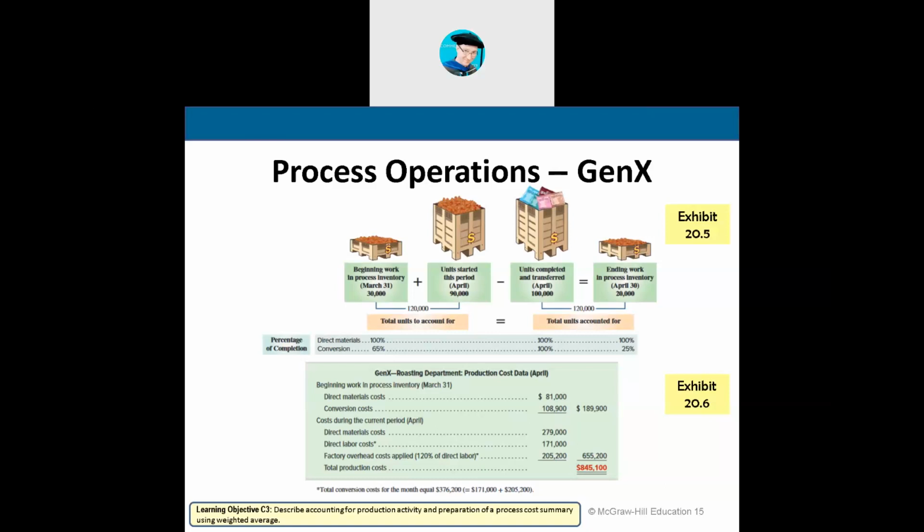And as the product moves through the physical flow, I'm converting the cost. That's what conversion cost means. Think of conversion costs as how far down the assembly line did the product get?